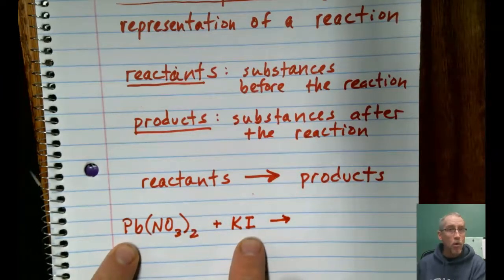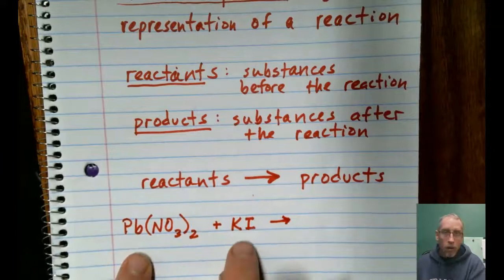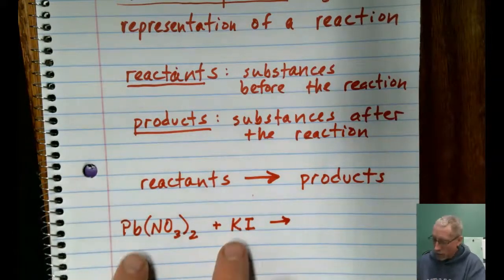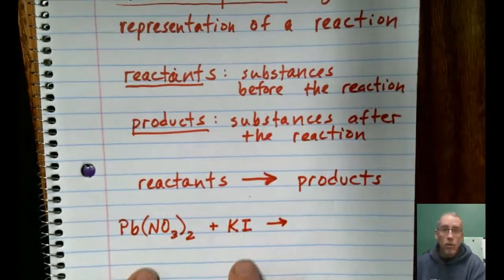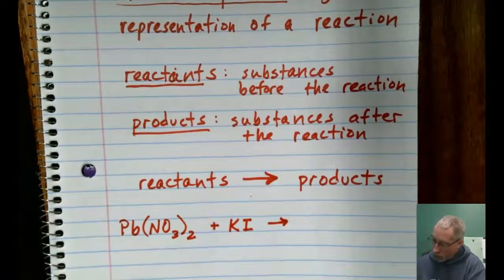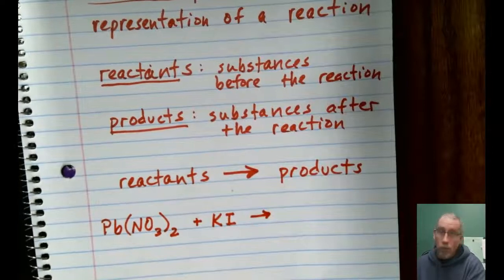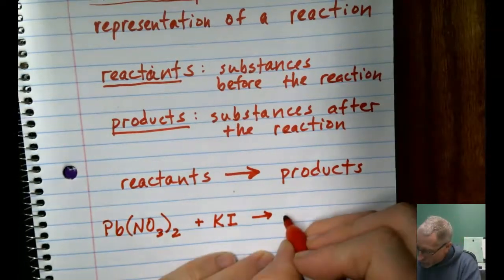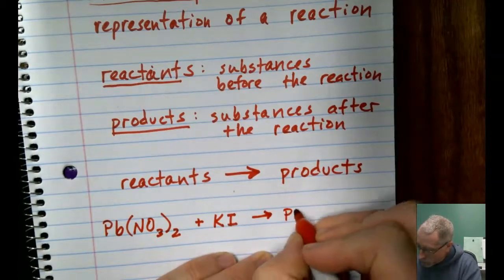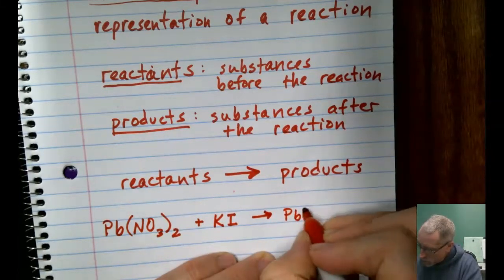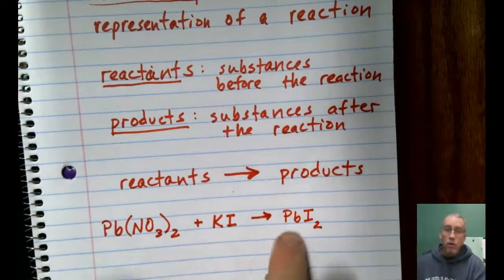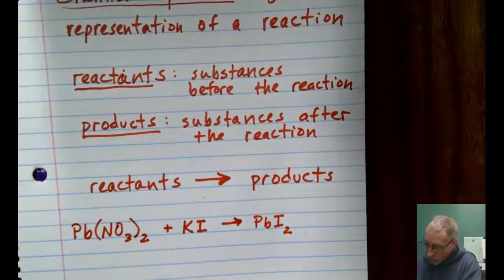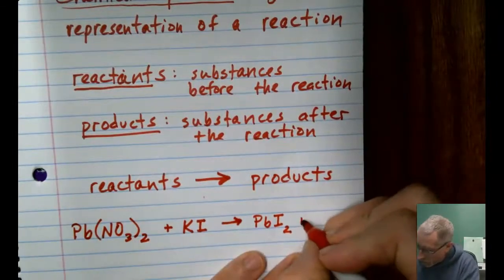Now they were both dissolved in water, but the water was just there to kind of move things along and let things mix nicely. But those are the two actual chemicals that reacted together. Okay, and what do we get when we're done? Well, what we had was that yellow substance was lead iodide. And there is the formula for lead iodide, PbI2. And we have potassium nitrate. I'm going to squeeze it in here.